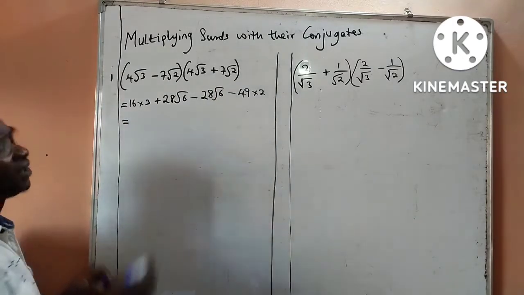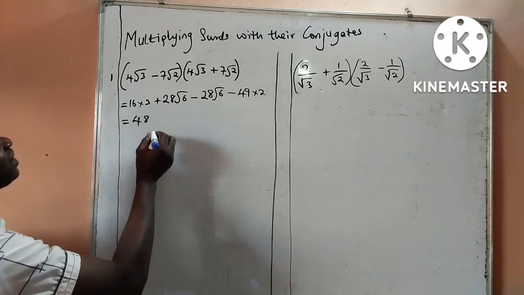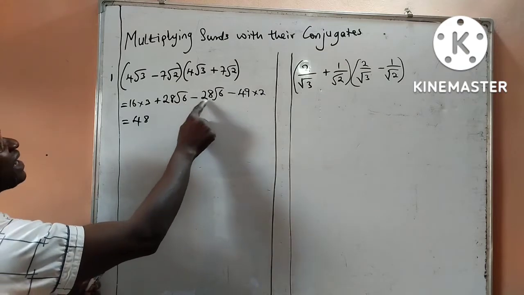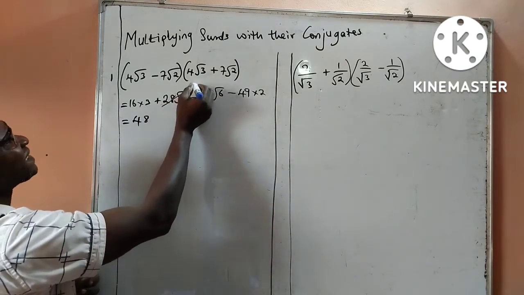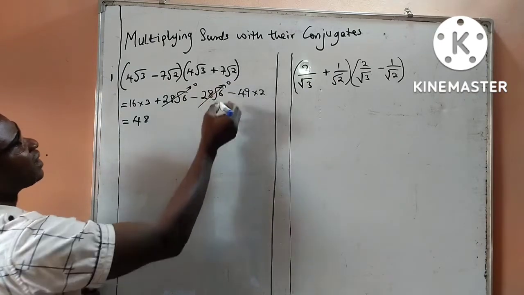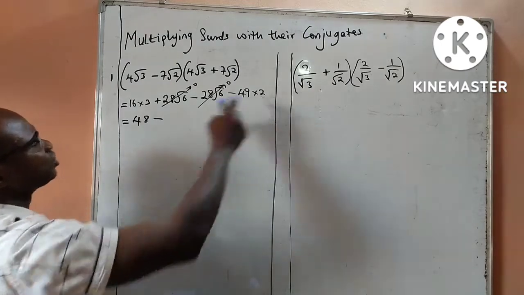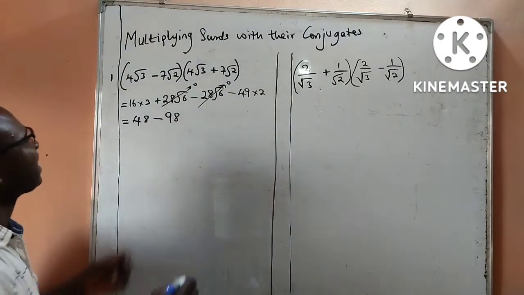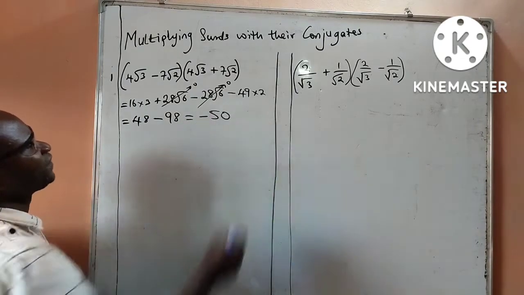So what I have now is 16 times 3 will give me 48. Then you can see 28 root 6 minus 28 root 6. So the two of them will cancel out, giving me minus 49 times 2. That is going to be minus 98. Finally, my answer becomes minus 50.